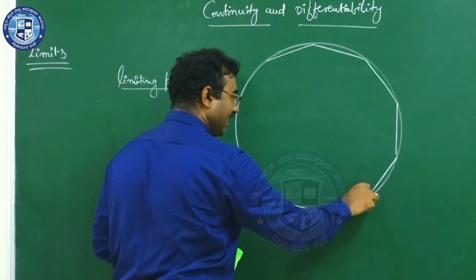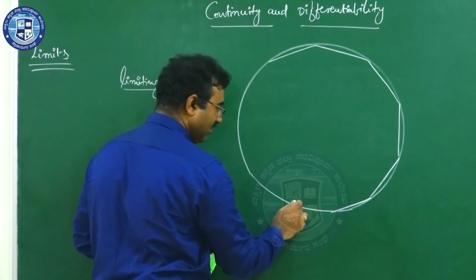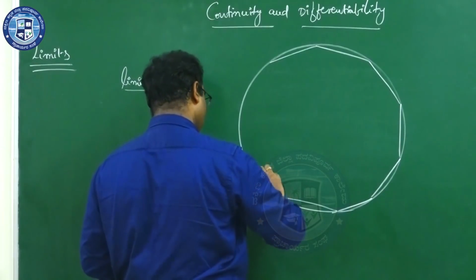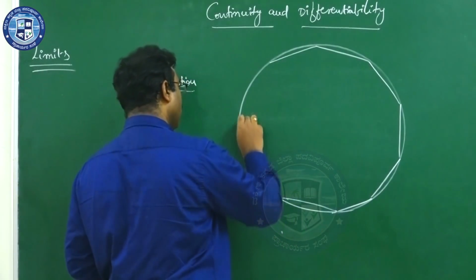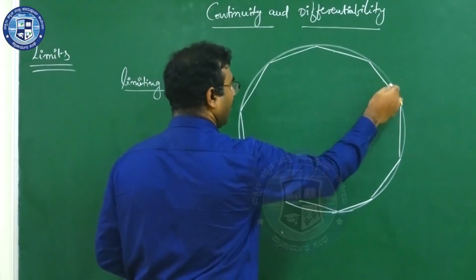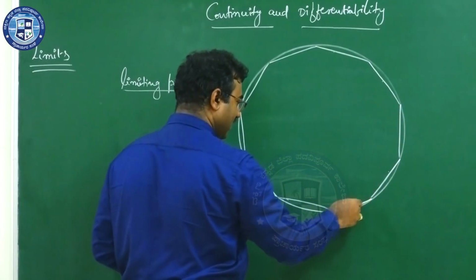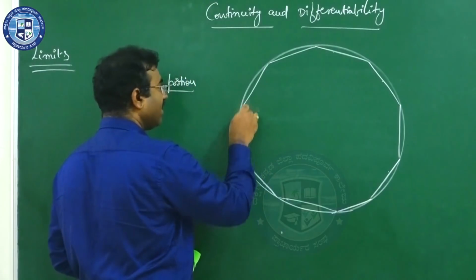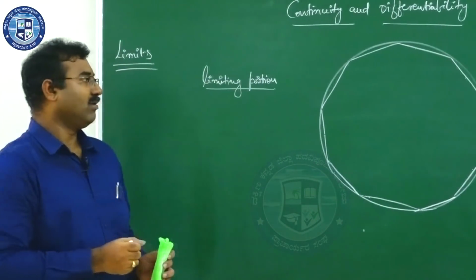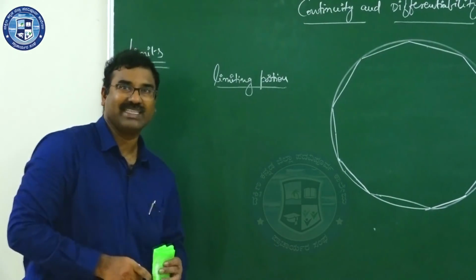I am just inserting the polygons here. How many sides are there? 1, 2, 3, 4, 5, 6, 7, 8, 9, 10. With this, 11 suppose. So 10 or 11 sides are there now.